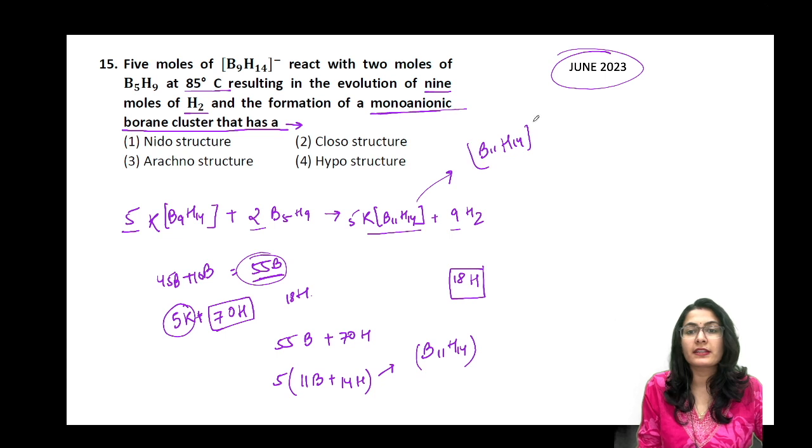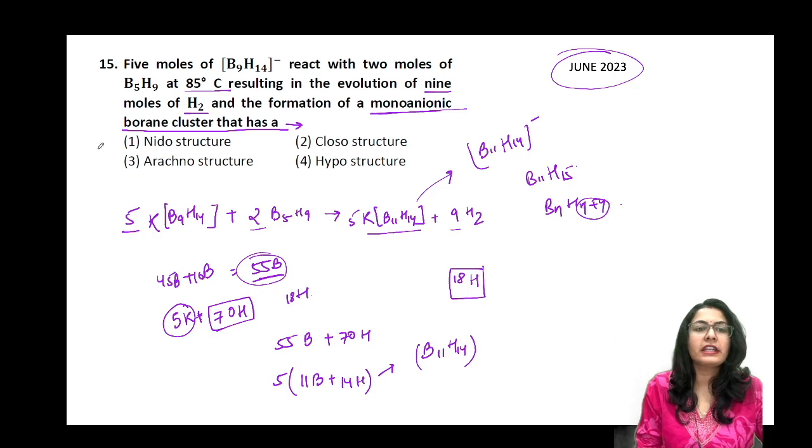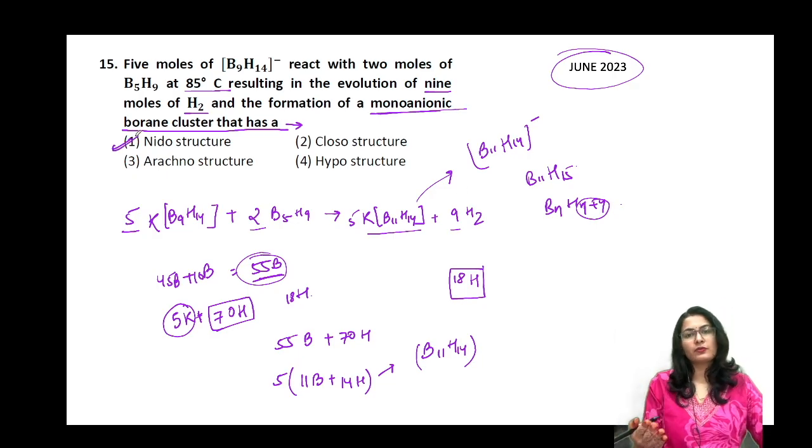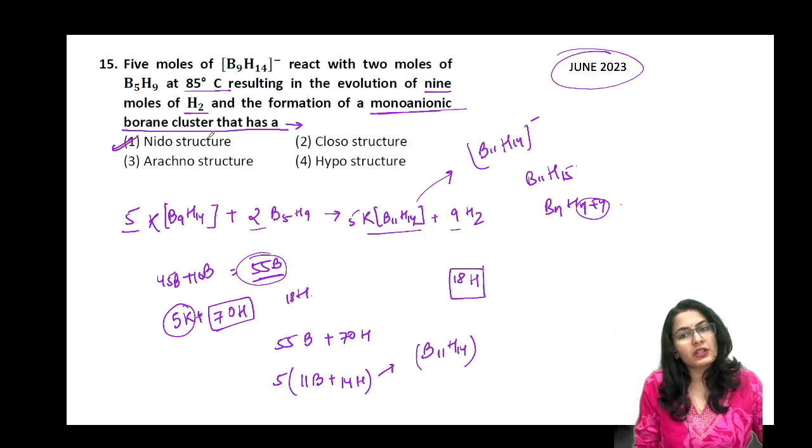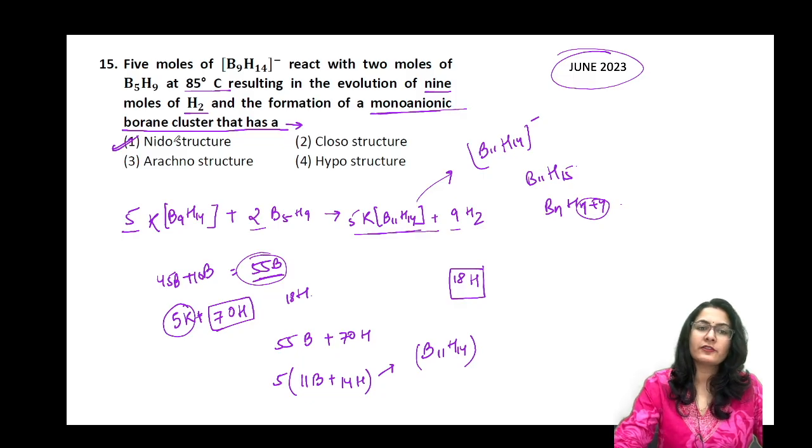B11H14 minus. This minus you can take up just for calculation. You can take up like this. So this is BnHn plus 4. This is a nido structure. Hn plus 2 is closo, Hn plus 4 is nido. Alright, so this is a nido structure. So this is your answer, nido. Chalo, let's move onwards.